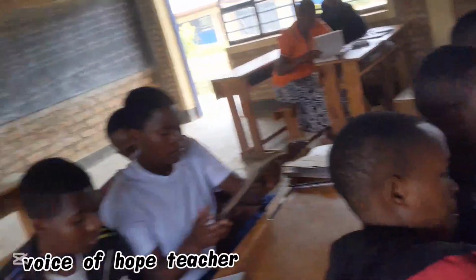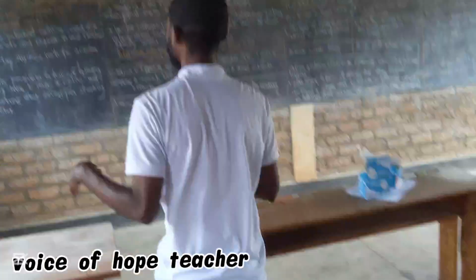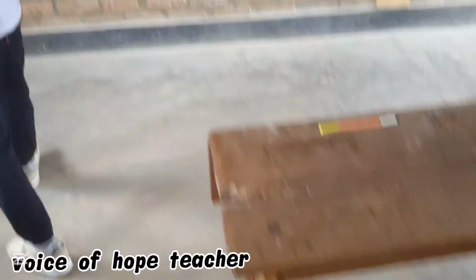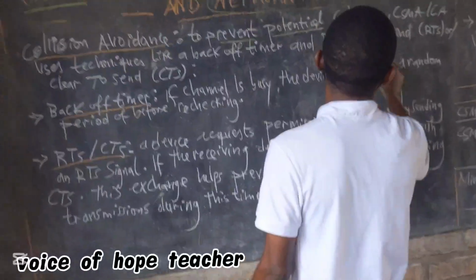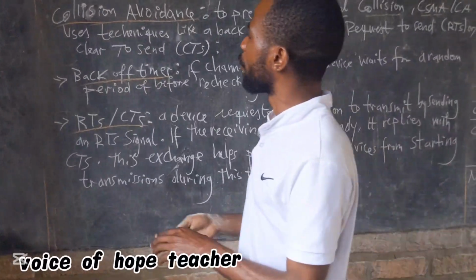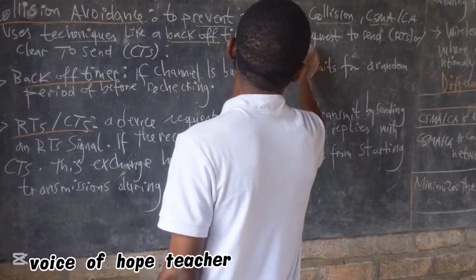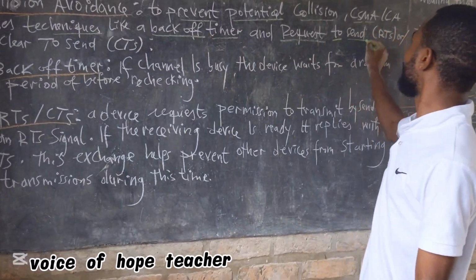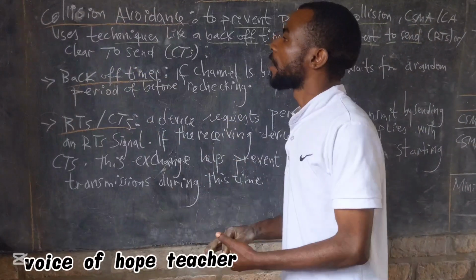Collision avoidance. Now let's see how it works. To prevent potential collision, CSMA/CA uses techniques like back-off timer and request to send or clear to send.